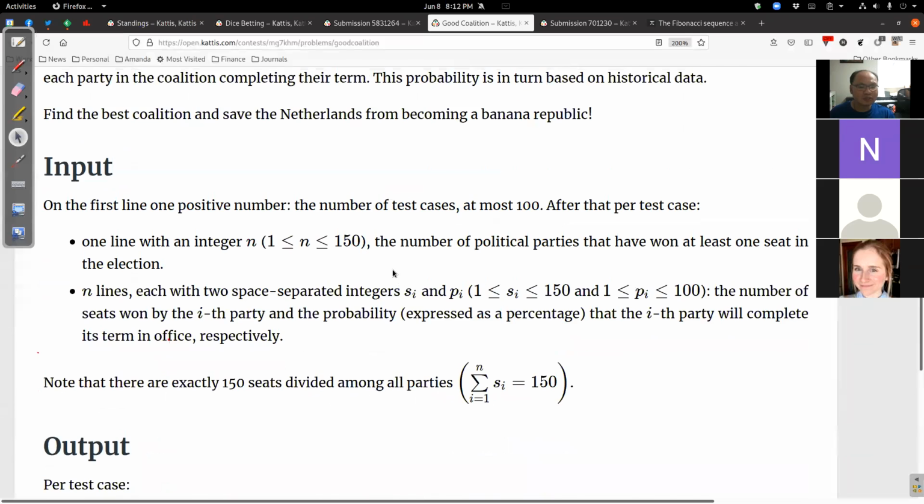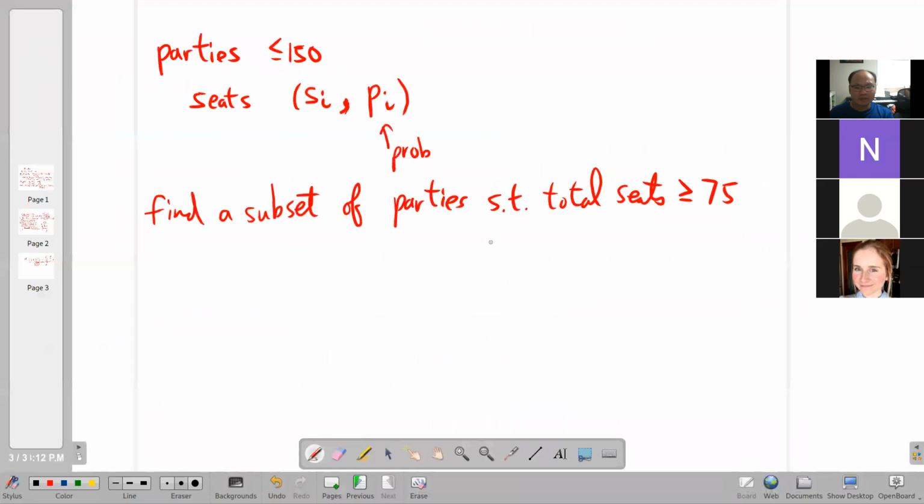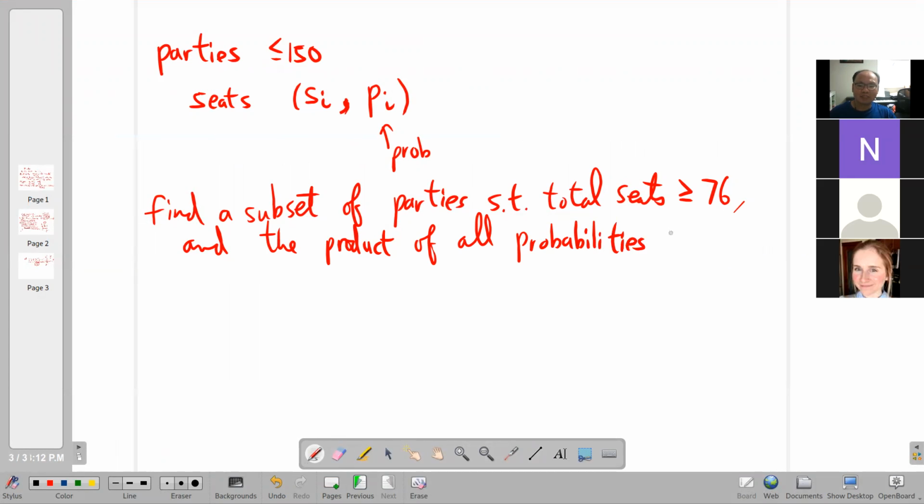Yeah, I think it's 76. Okay, it's a minor detail that we can easily fix, but might as well get it right. So at least 76, and the product of all the probabilities of the subset is maximized. Okay, so that's the thing.